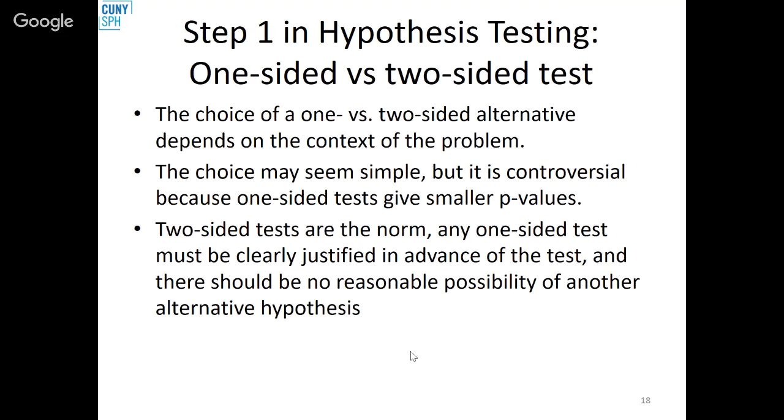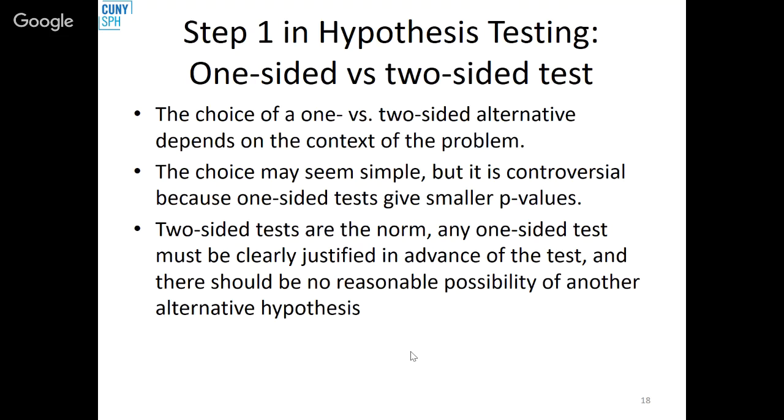If you have put your inequality in the right direction, like with, say, that malaria trial, if you made your alternative hypothesis only including that the prevalence of anemia in the treated group can only be less than in the control group, then you actually cut your p-value in half.